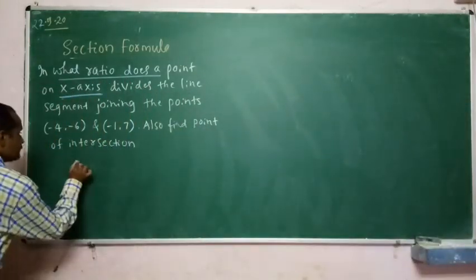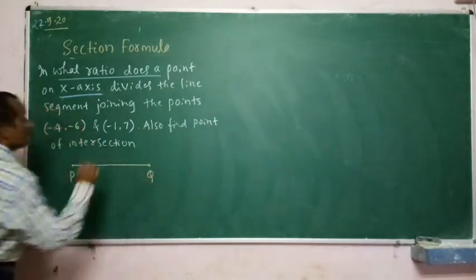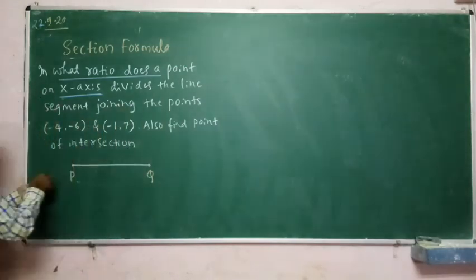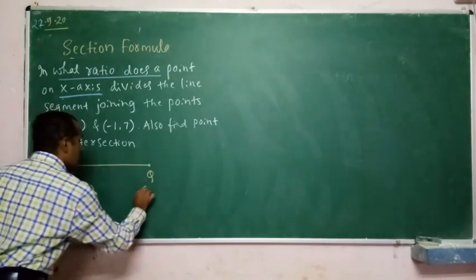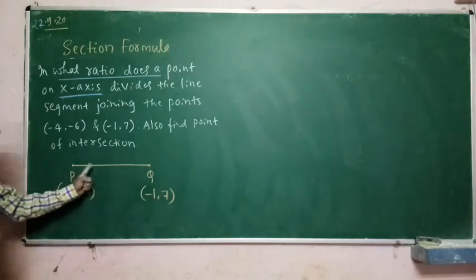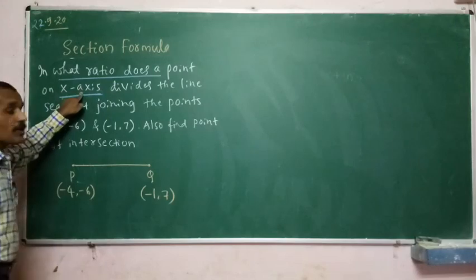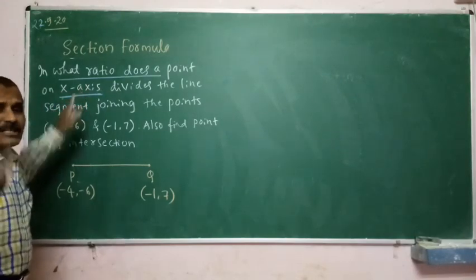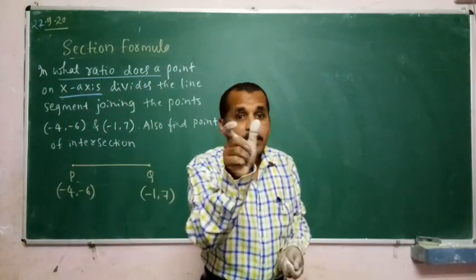First, a line segment, I will call it PQ, joining the points -4, -6 and -1, 7. This line segment is divided by a point which is on the x-axis. In this problem they have not given the coordinates of that particular point.